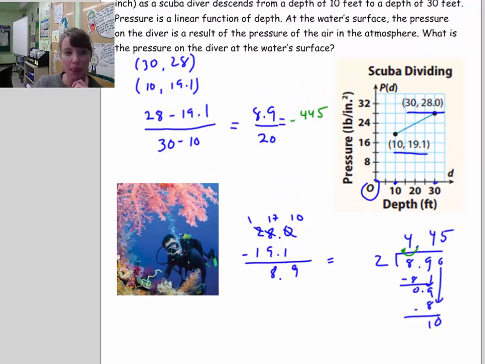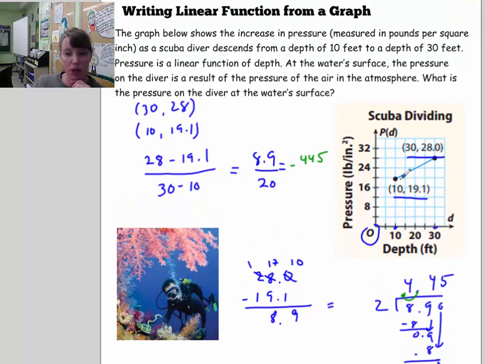So the slope of the equation is going to be 0.445, and that's going to be in pounds per square inch per foot.